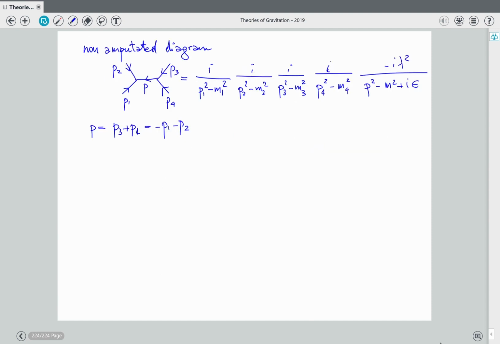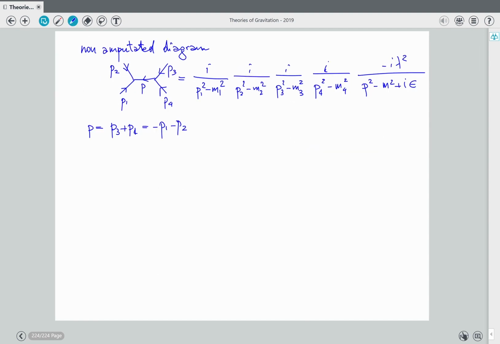So S is the scattering matrix. And let us write it as 1 plus IT. IT is what you compute by means of Feynman diagrams.